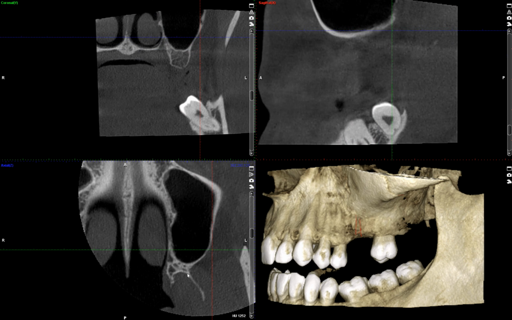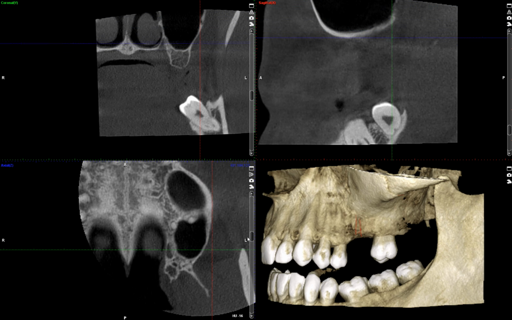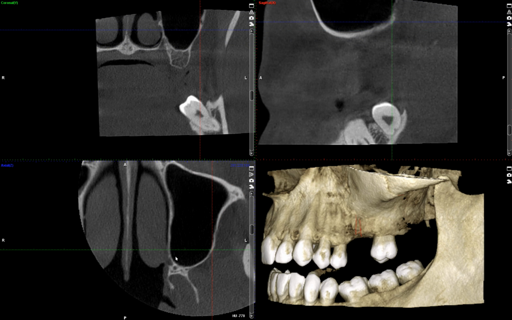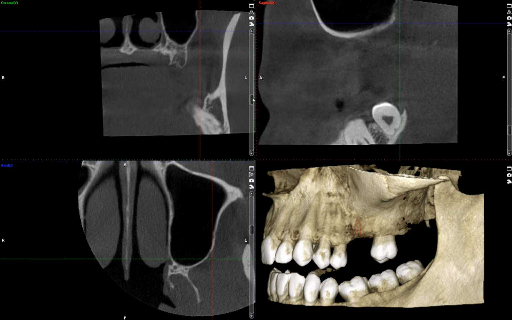You can see pterygoid plates, you can see the greater palatine canal and lesser palatine canal, as well as the turbinates. There are a lot of structures that are captured here, including a portion of the mandible and rami.